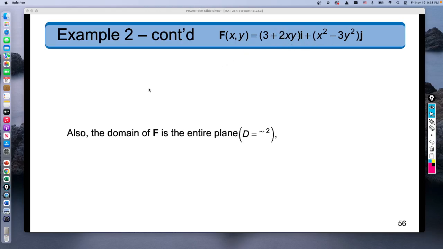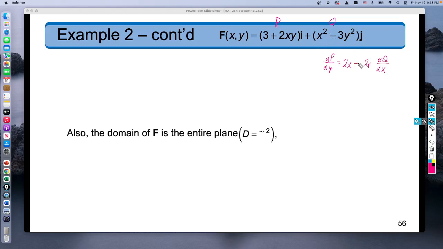So again, this is P, this is Q. So we're taking P with respect to y, so that's 0. This becomes 2x. So the partial of P with respect to y is equal to 2x. And when we do the partial of Q with respect to x, that's going to be 2x.